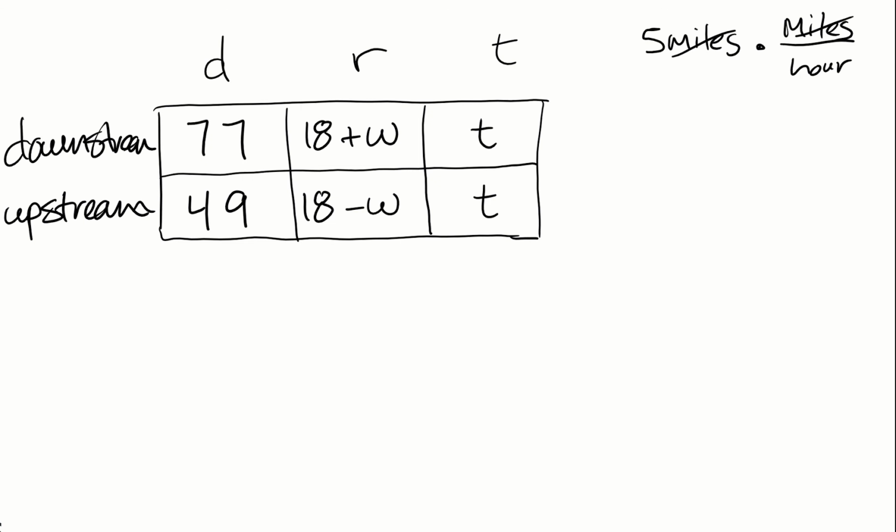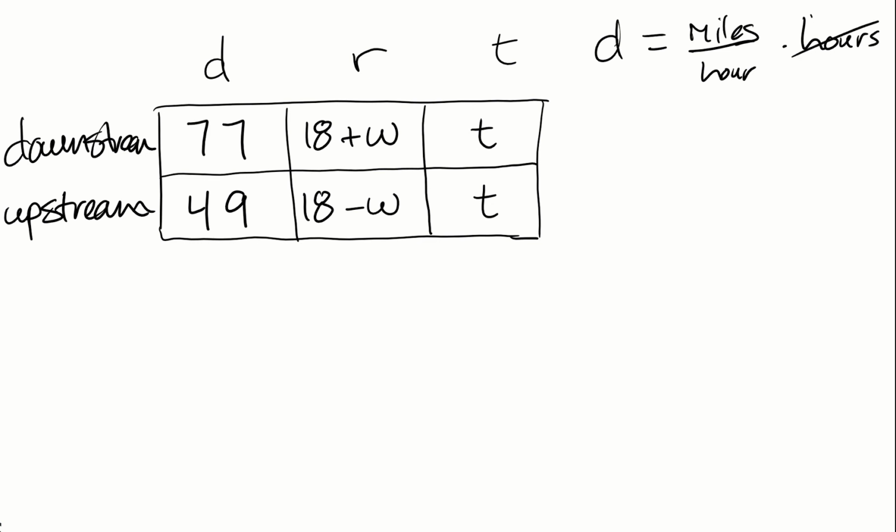Oh, my bad. The distance is equal to a rate. Okay, that's what I keep writing, rate. Let's say I've got miles per hour times a certain number of hours. There we go. Now my hours will eliminate, and it's clearly just a distance.